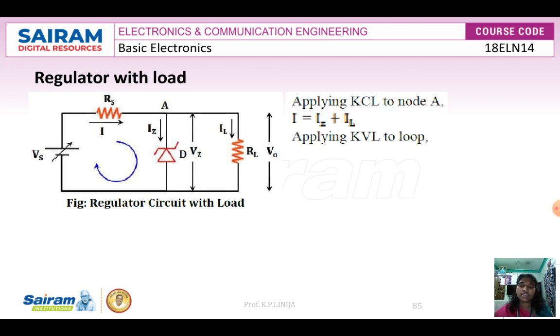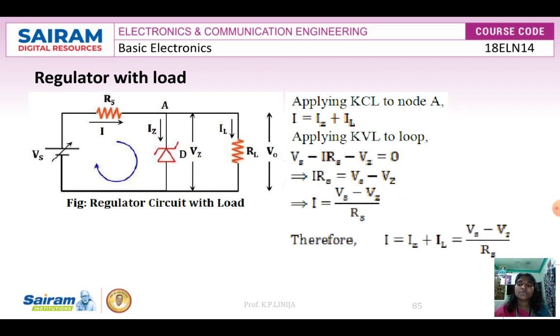So in this we are again going to apply Kirchhoff's current law to node A. So I is equal to IZ plus IL, the total current. Two loops are there. From this we are going to calculate the total current, I is equal to IZ plus IL. Then applying KVL to the loop, we get Vs minus I into Rs minus Vz equal to 0.